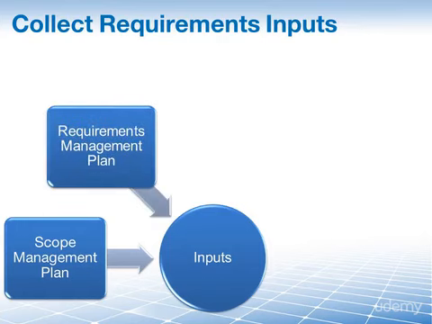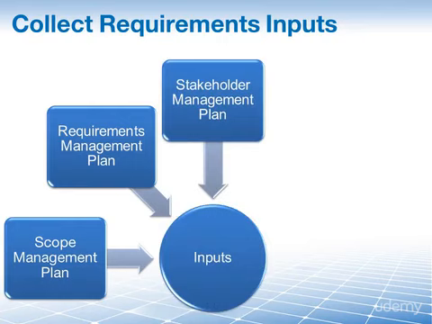The requirements management plan describes the method used to define and document stakeholder needs. Then we have the stakeholder management plan. It describes the stakeholder communication requirements and the level of influence and engagement and participation you can expect from each project stakeholder during requirements planning and throughout the project lifecycle.